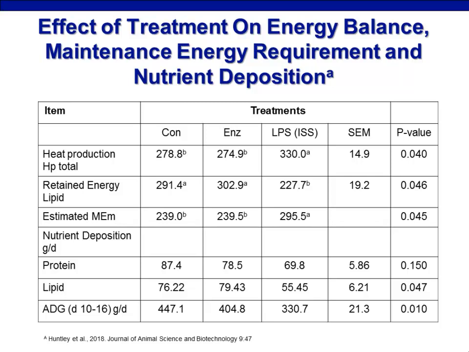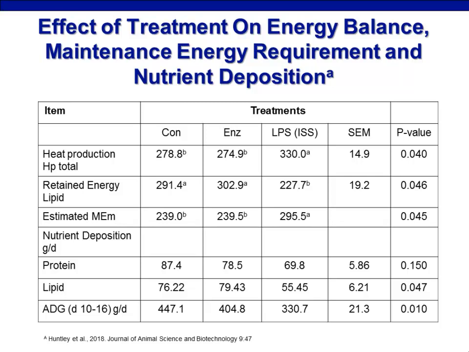So as we look at average daily gain from day 10 to day 16 in this experiment with these piglets, what we see is that we got a big impact on performance of these animals. Where did it go? It went to heat production. It went to energy of maintenance. And what we see is our nutrient utilization's very, very different when we get an inflammatory response.